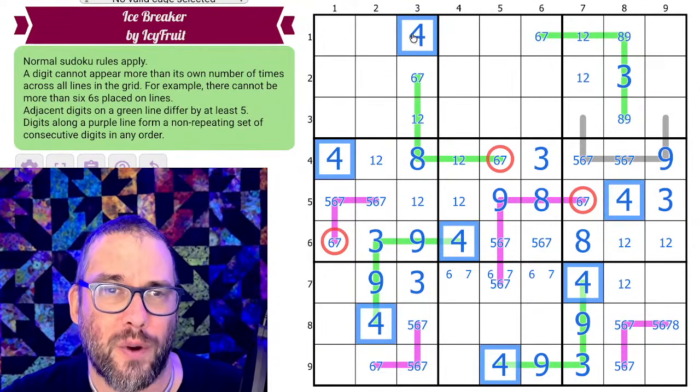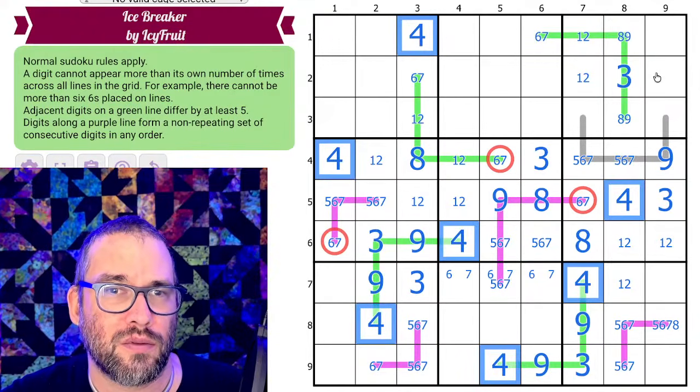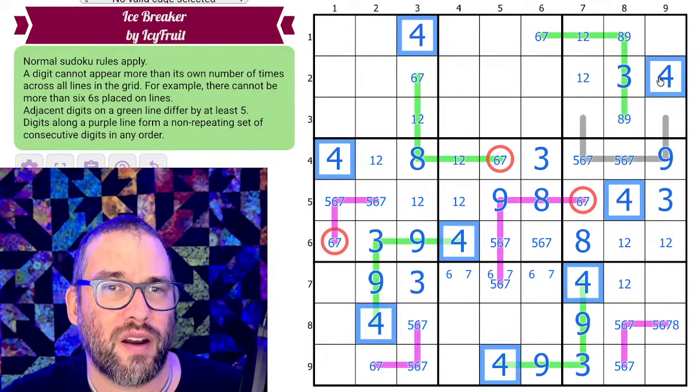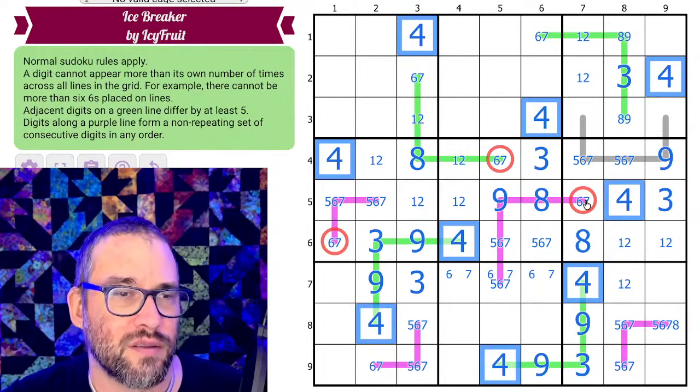How are we doing on 4s? We can put one here and here, and we're done.